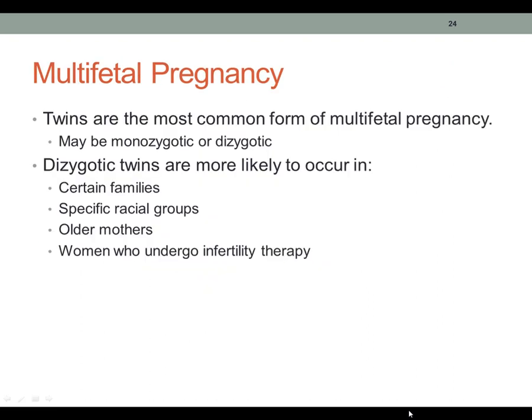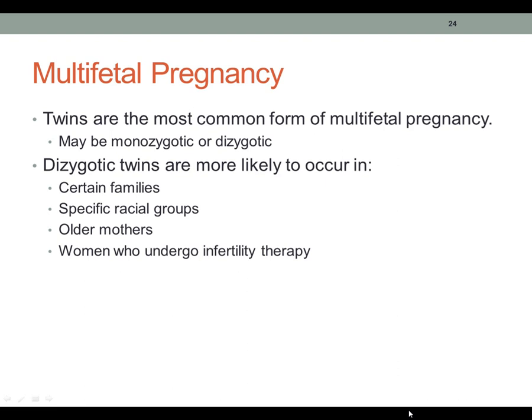Okay, so a little bit on multifetal pregnancy. This is when you have more than one fetus in the uterus. Twins are the most common form. Twins can be monozygotic or dizygotic.